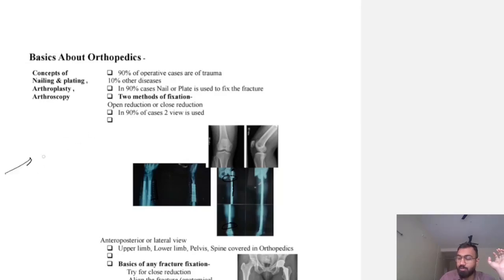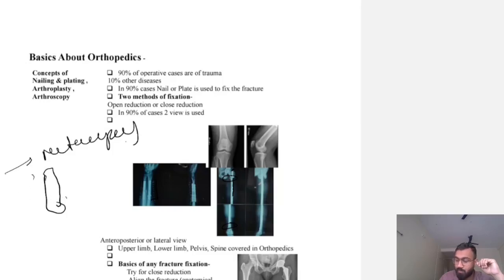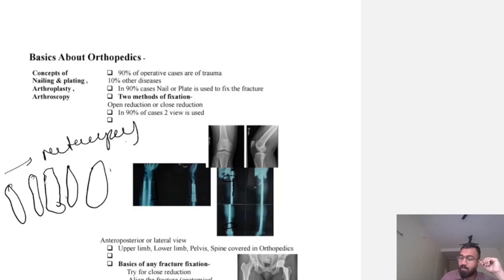Now let's assume there is a fracture in the metacarpal. In the metacarpal we do not place a nail or plate because the metacarpal is a very small bone. So let's assume this is the first, second, third, fourth and fifth metacarpal. Let's assume it got fractured from here, and the fracture got displaced like this. So what we have to do is reduce this fracture, align both fracture fragments and put a K wire inside it.